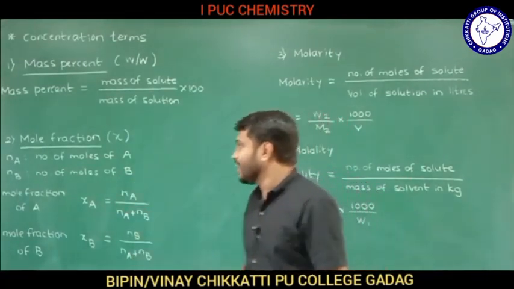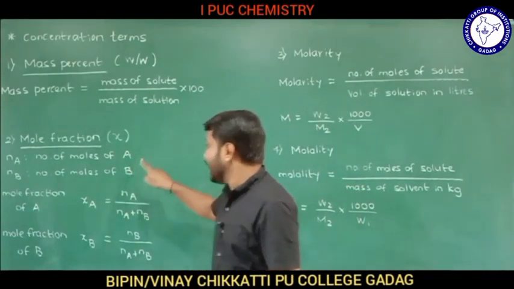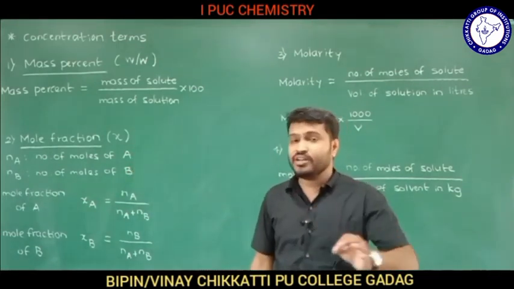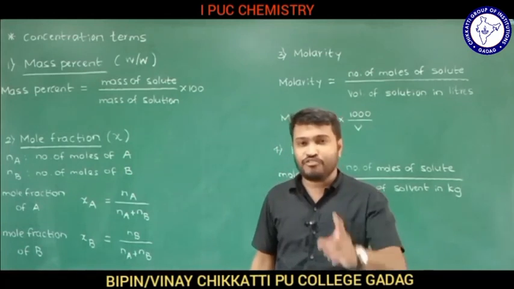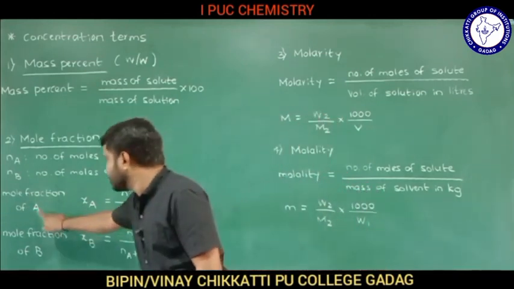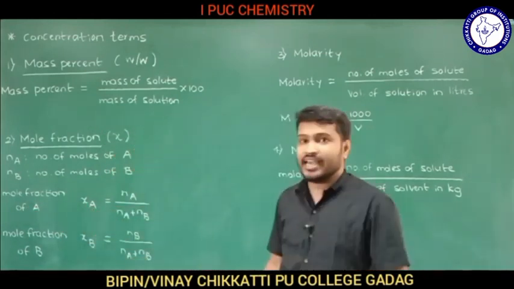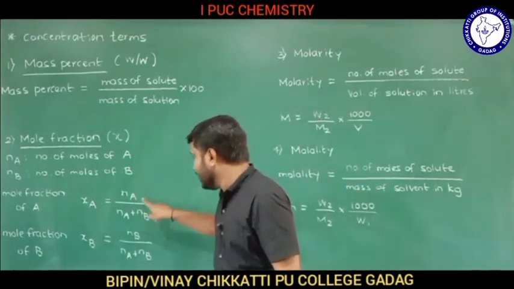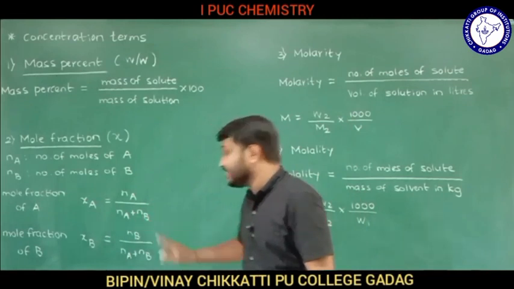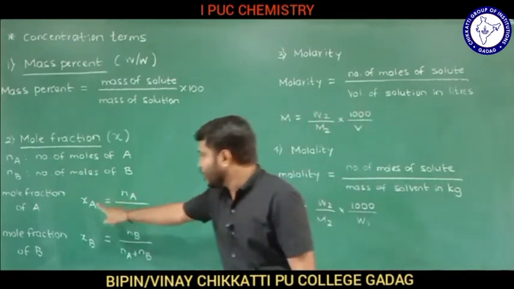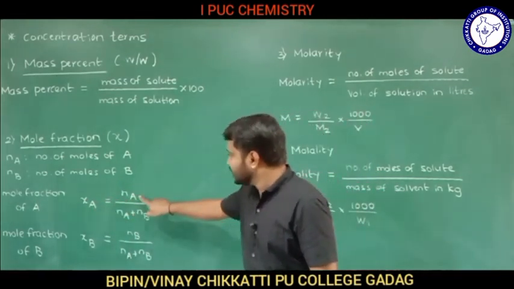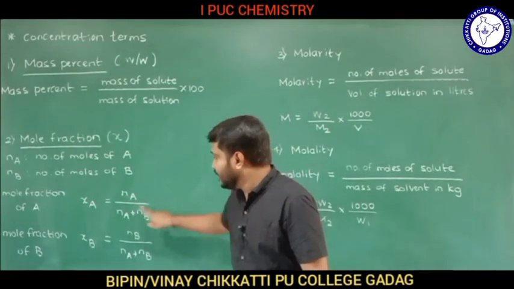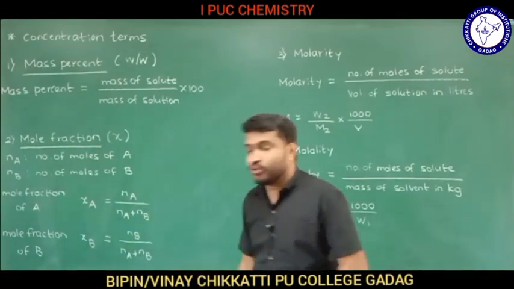So how can we write the mole fraction of A and the mole fraction of B? I told you that mole fraction can be represented by X. So the mole fraction of A is Xa, and the formula is Xa equals Na divided by Na plus Nb. We have the component A, so we consider the number of moles of A divided by the total number of moles of the components.